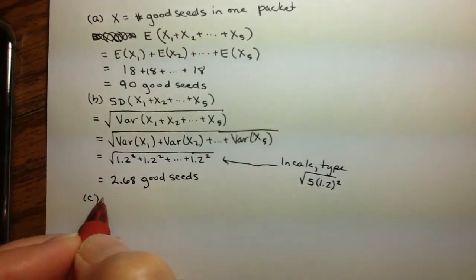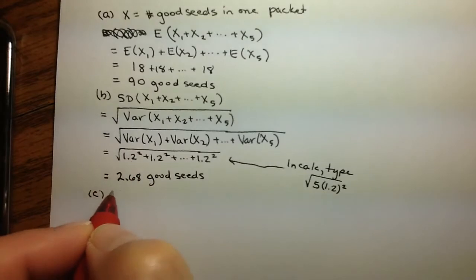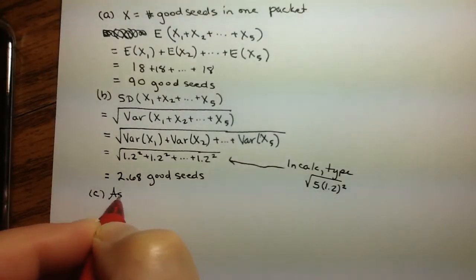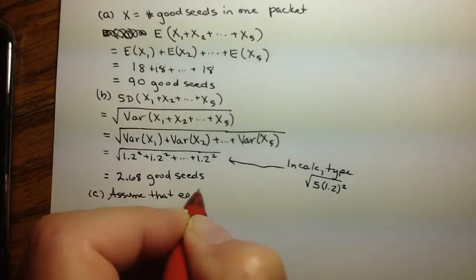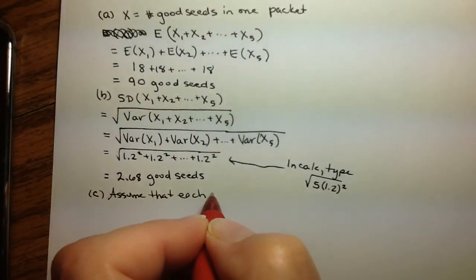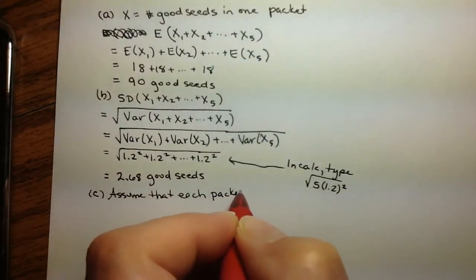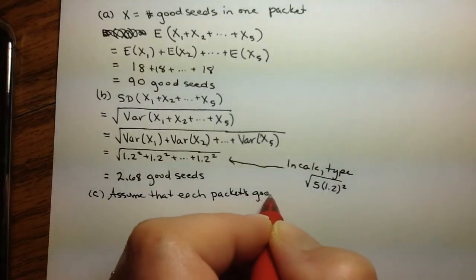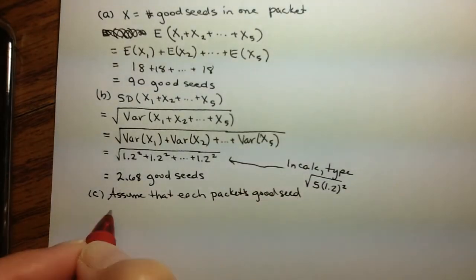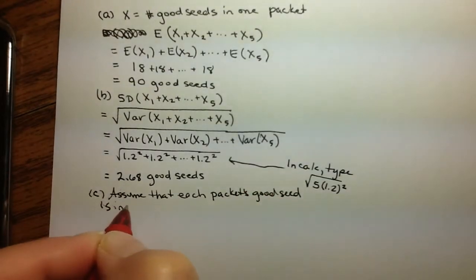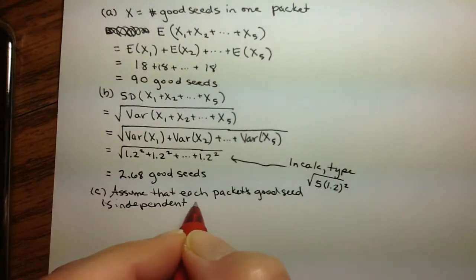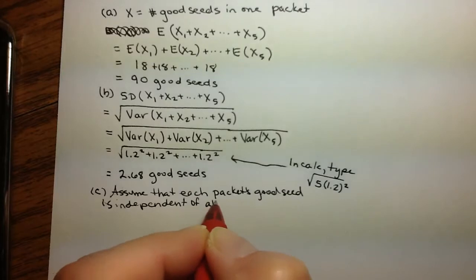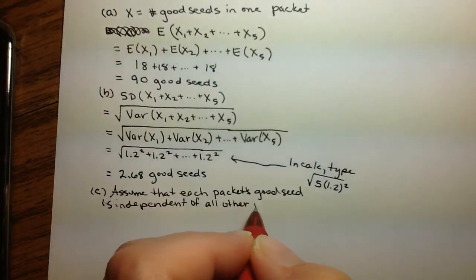So in order to do the calculations for part B, we have to assume that each packet's good seeds is independent of all other packets.